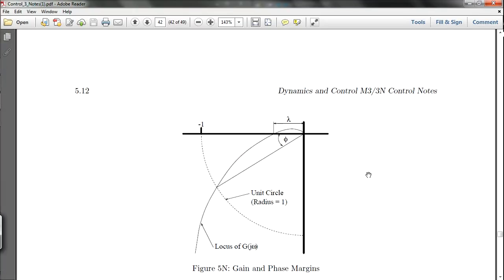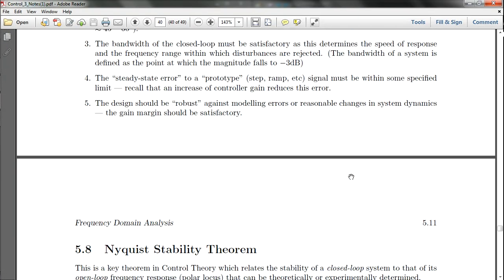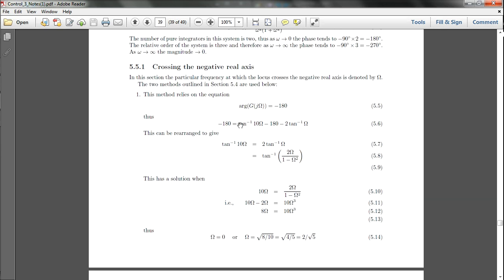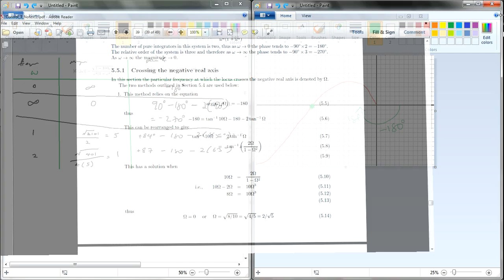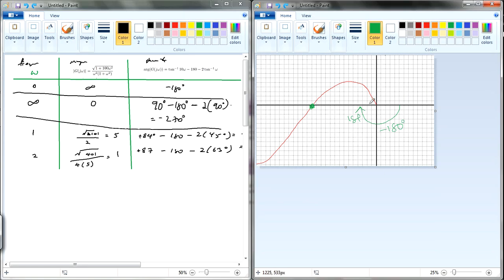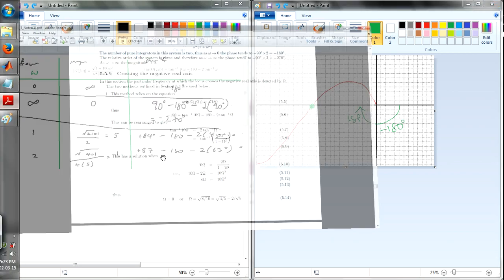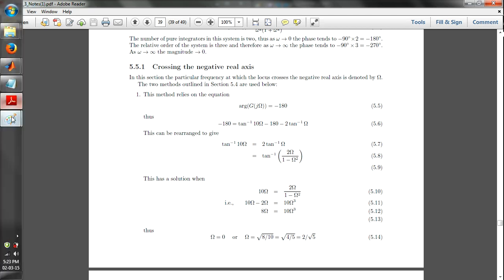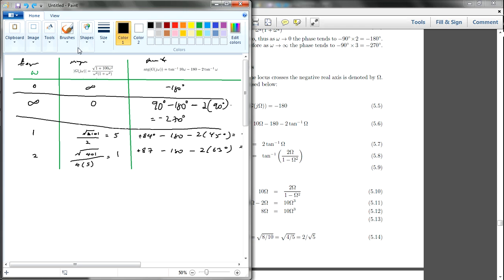If you want to revise, at least you know that I'm following this. So this argument of G(jω) equals minus 180 degrees, which is what I have drawn here. The transfer function thus equals this, the phase angle that I've derived earlier.